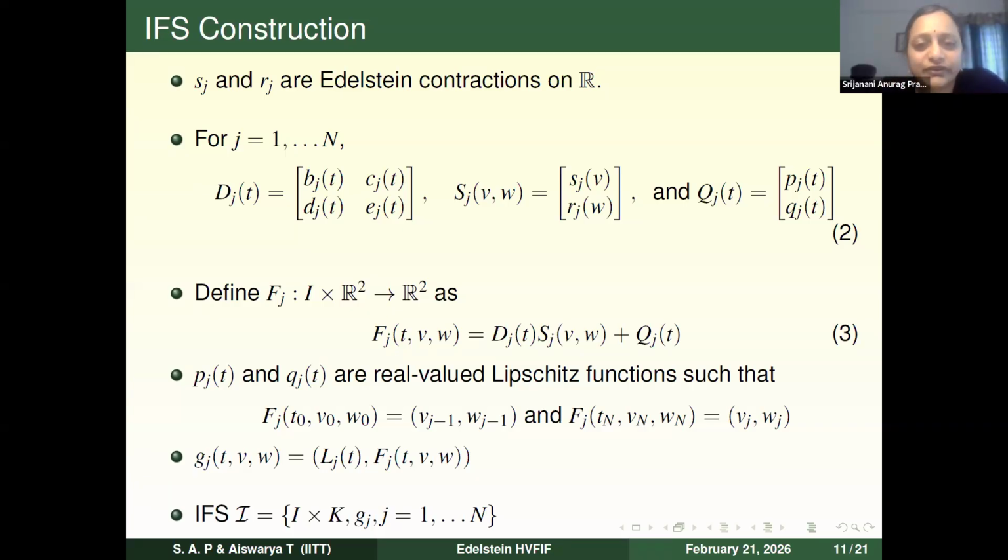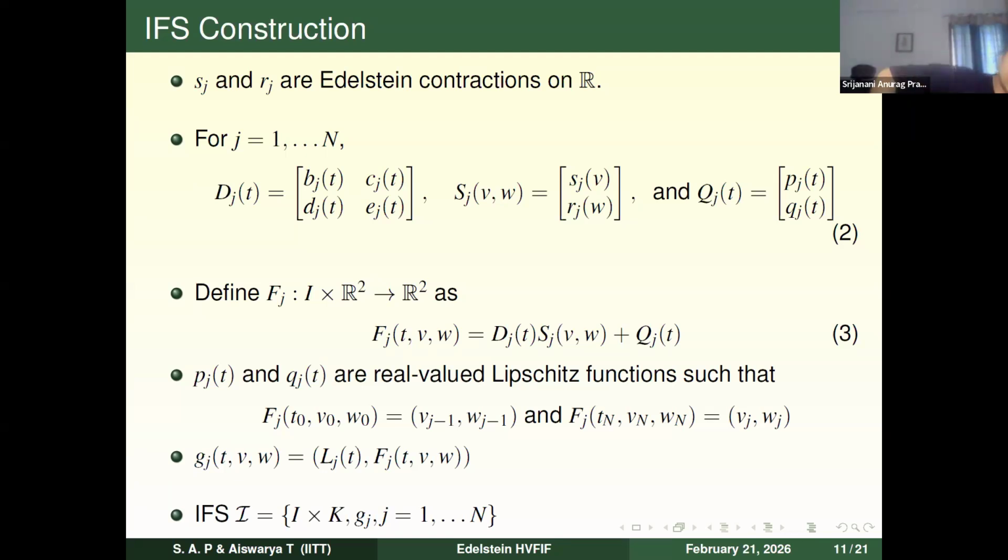If I define the function capital F_j from the space I cross R2 to R2 as given by equation 3, that is D_j of t into S_j plus Q_j of t, then the real valued functions P_j and Q_j are chosen such that F_j at the endpoint (t_0, v_0, w_0) is mapped onto (v_{j-1}, w_{j-1}), and the endpoint F_j at (t_n, v_n, w_n) is mapped to (v_j, w_j).